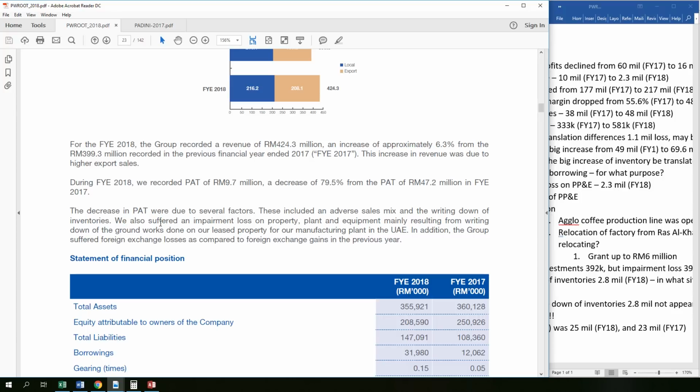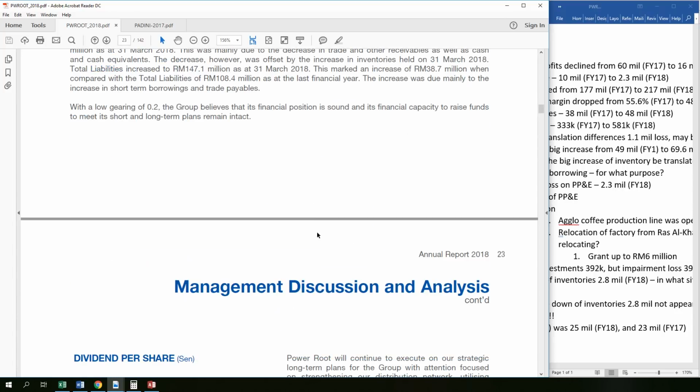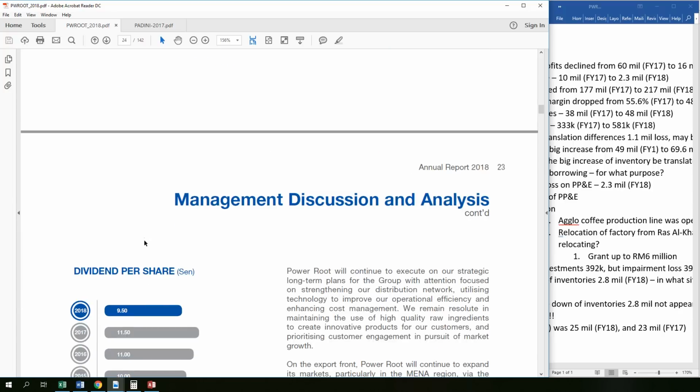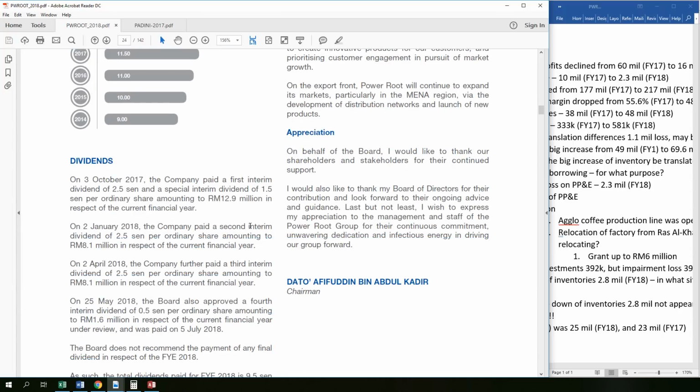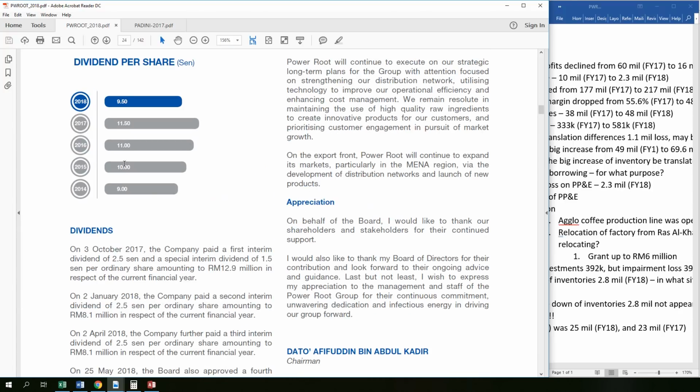Writing down inventories, suffer of impairment loss. Basically, they just confirm our findings, but didn't tell us much. Total assets. Dividend per share. Okay, actually pretty good. They still pay us 9.5 cent.